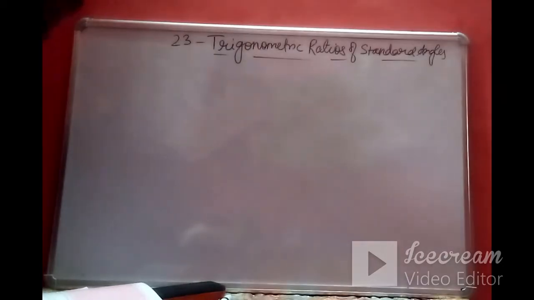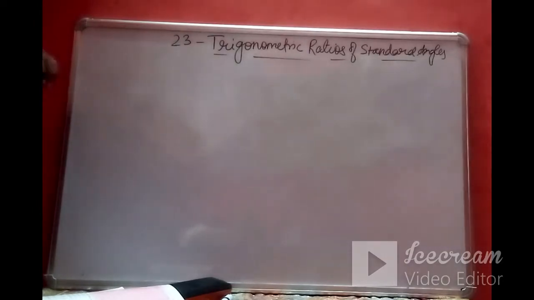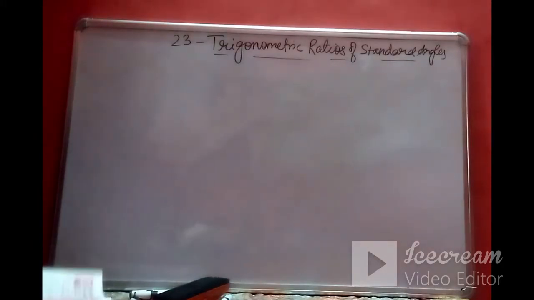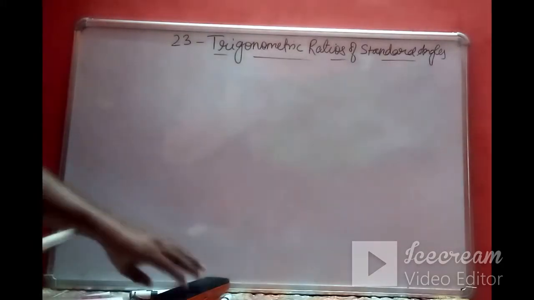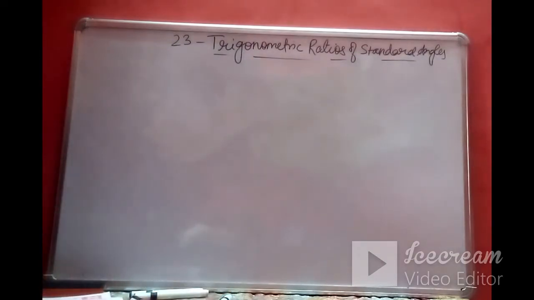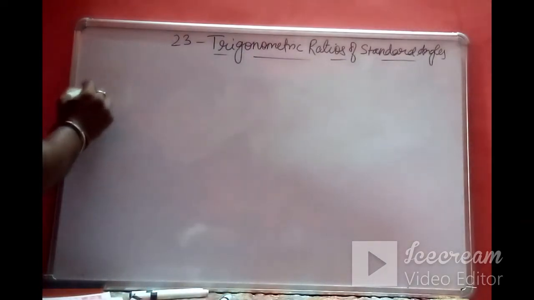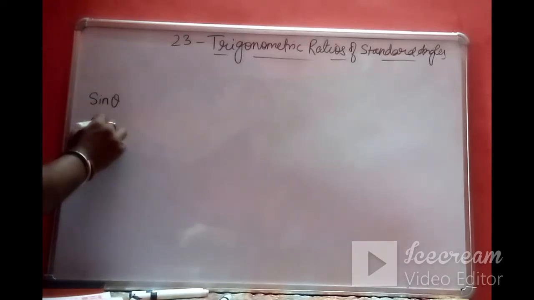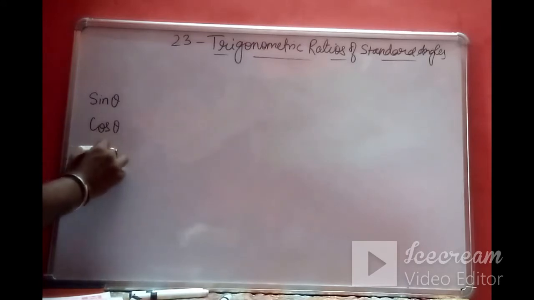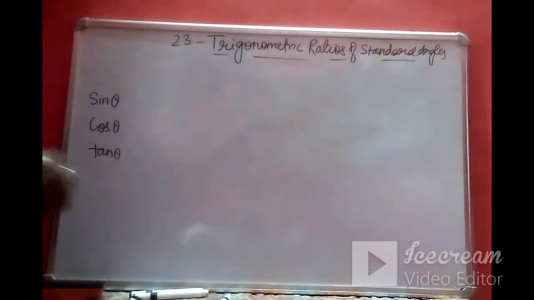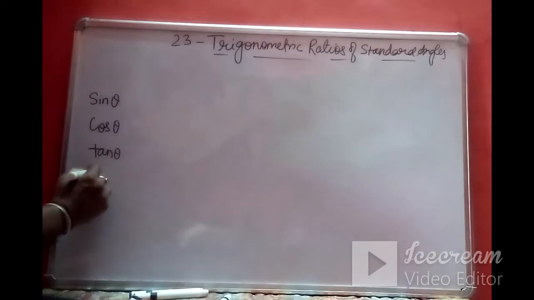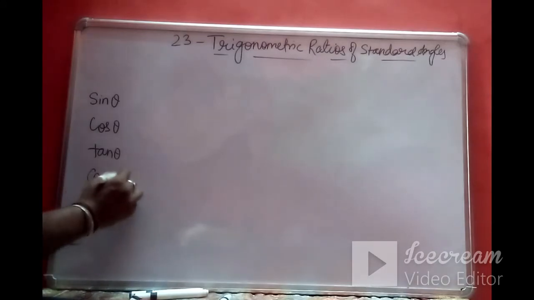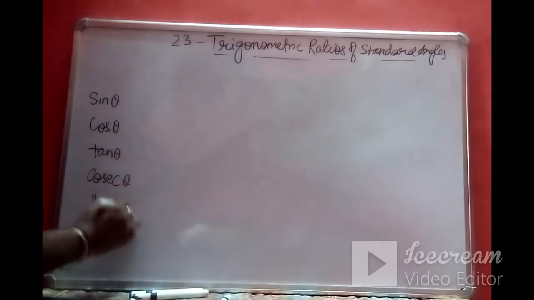Good morning to all. So now we will start with the new chapter in trigonometry, that is trigonometrical ratios of standard angles. So far we have discussed how to calculate the value of sine theta, cos theta, then tan theta, then cosec theta, sec theta, and cot theta.